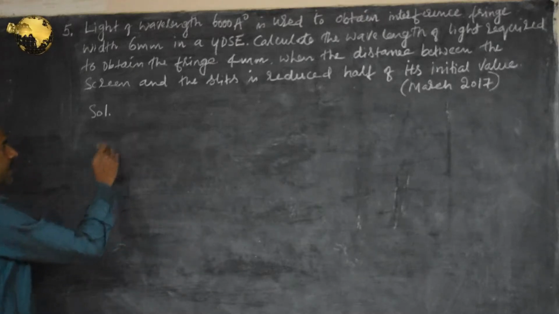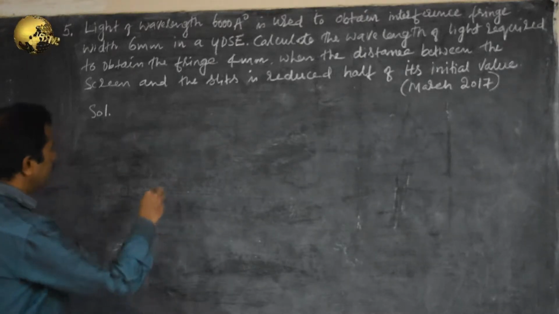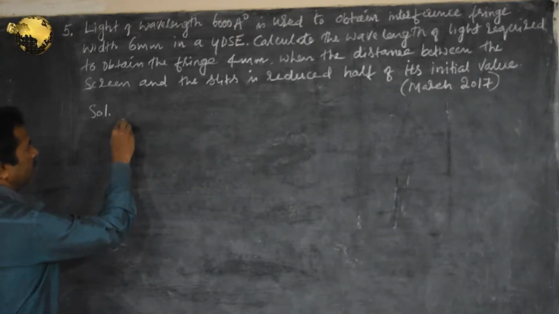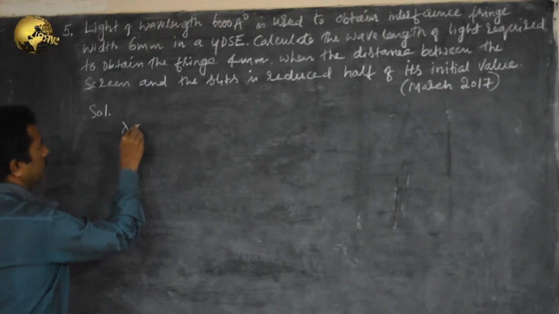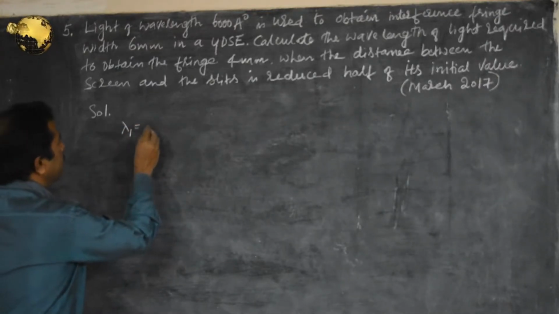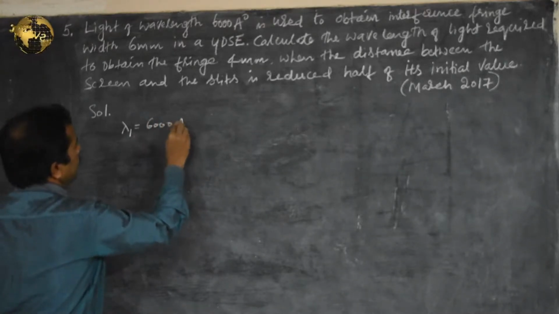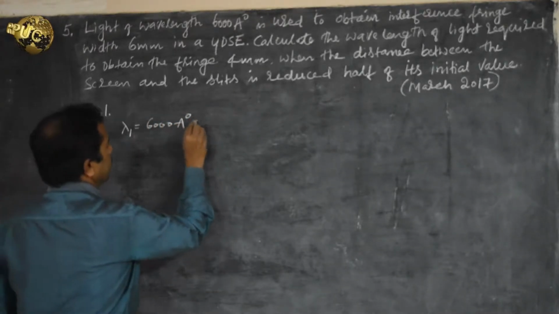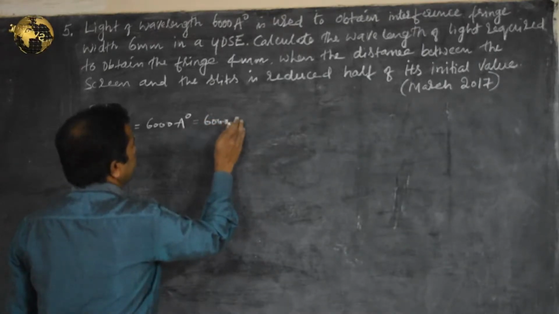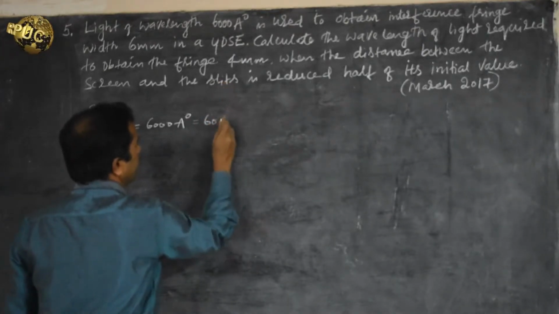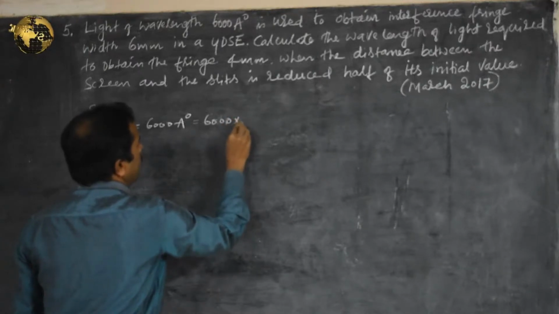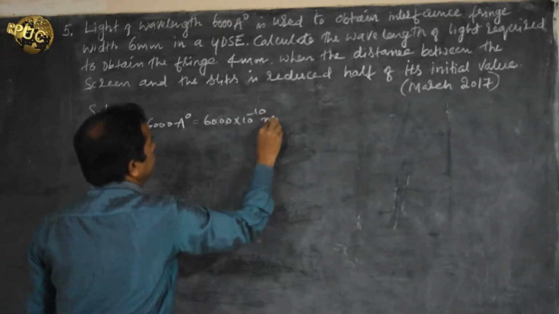Right? See here, in the first case, lambda 1, the wavelength of light given, is 6000 angstrom. So this is equal to 6000 into 10 to the power minus 10 meter.